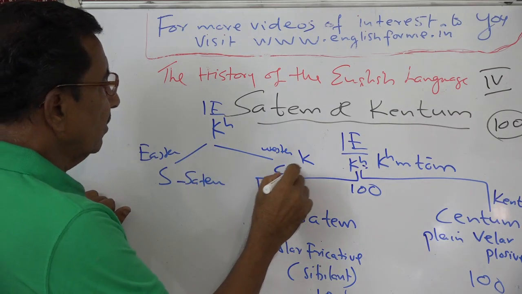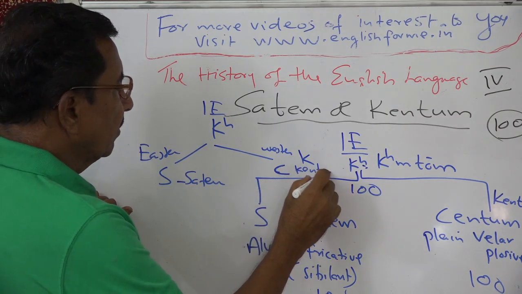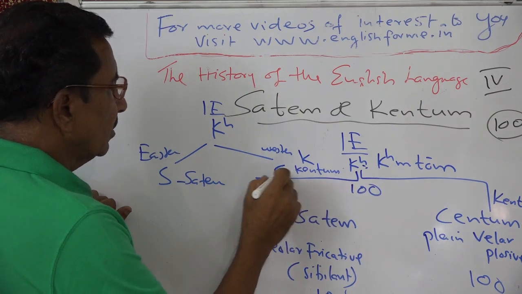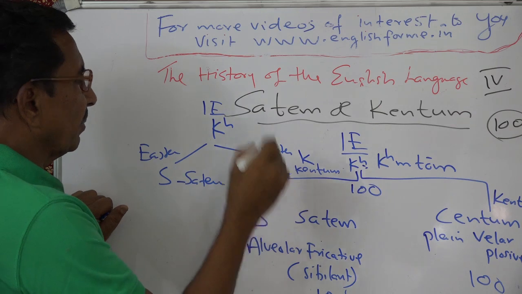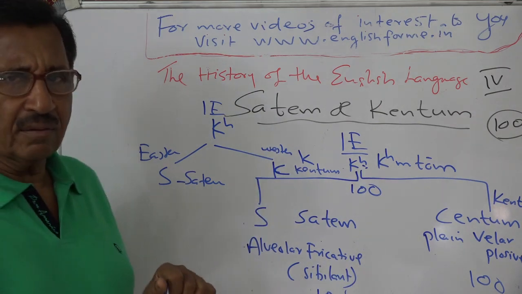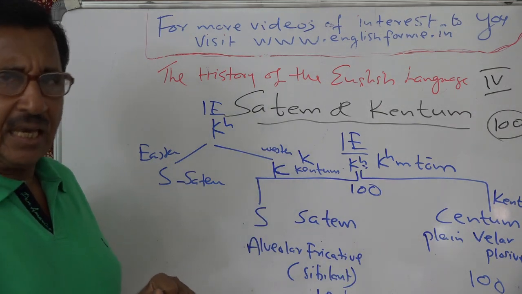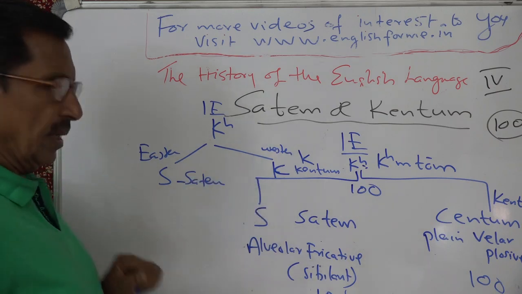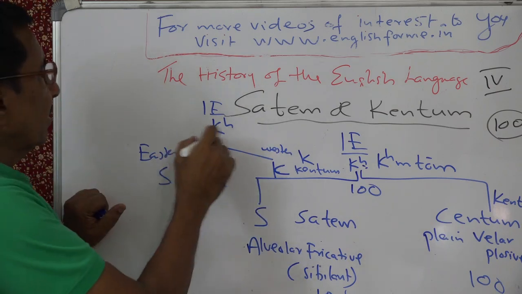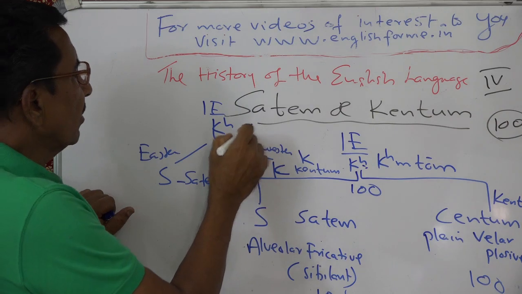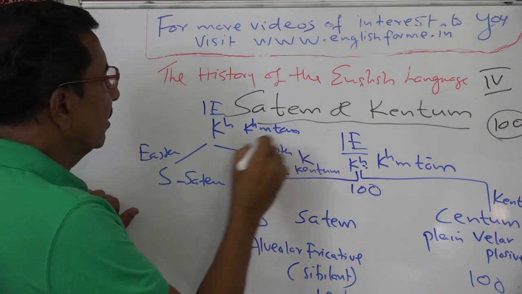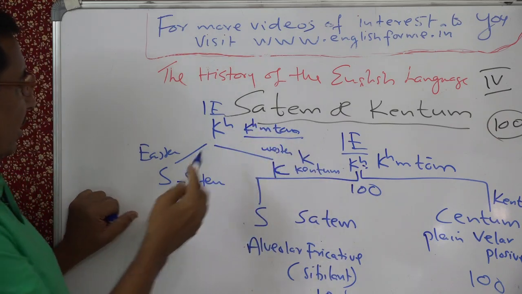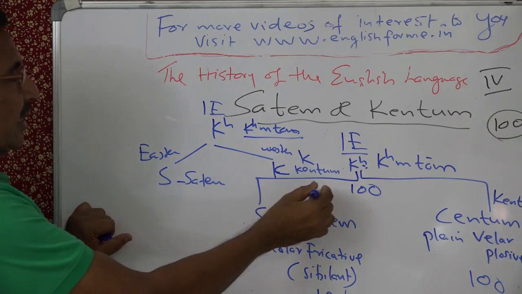Here it is Kentum, or C. Or if you want to be clear, then keep it K. It's okay. The first form was K, only later changes happen like this. And then this one, of course, is Indo-European word, Eastern branch word, Western branch word.